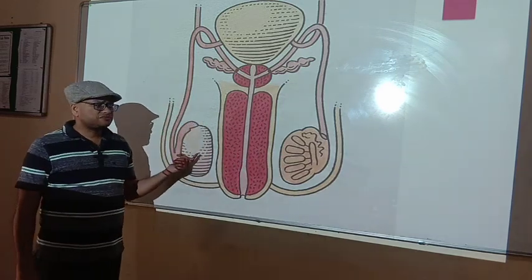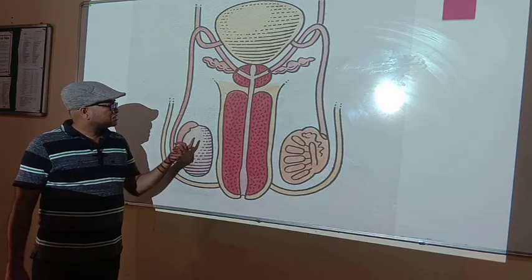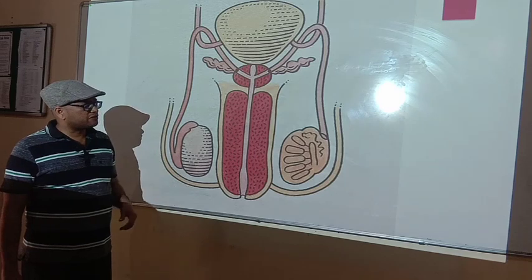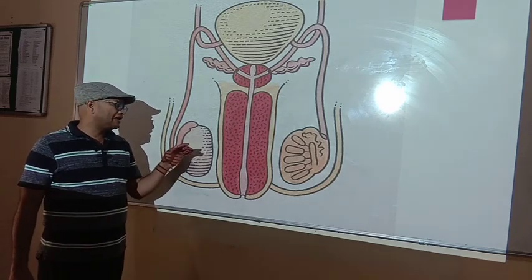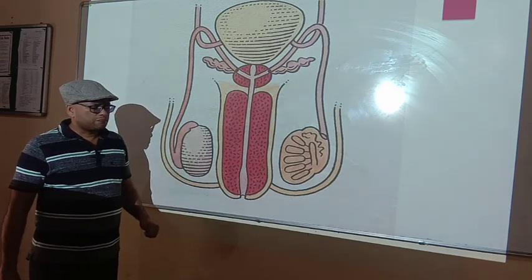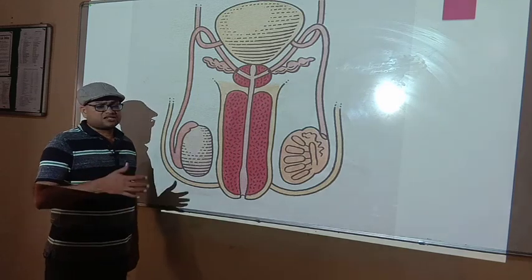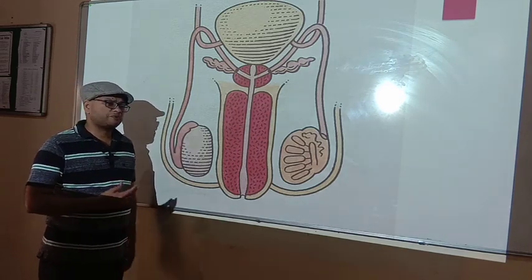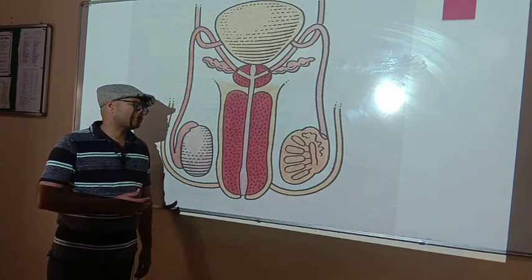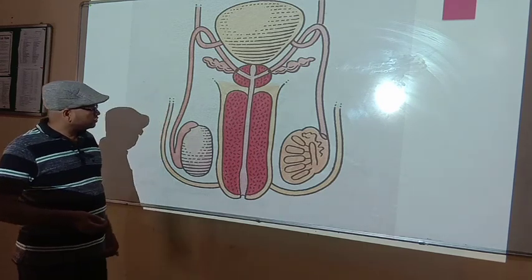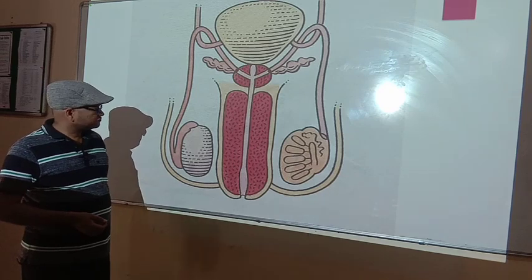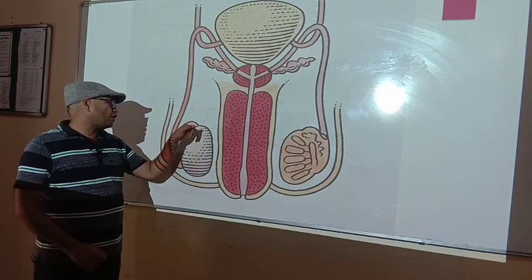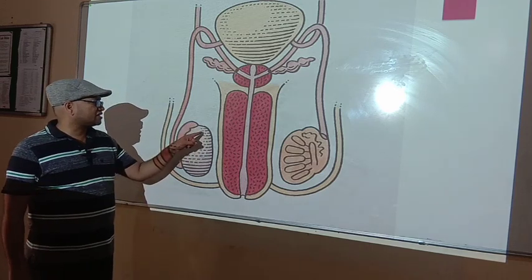Inside the testes, seminiferous tubules are found, and inside the seminiferous tubules male gametes are produced. We will discuss further in the topic male gametogenesis or spermatogenesis how the male gametes or sperms are developed. Now from the testes a coiled, supercoiled tubular structure is released.